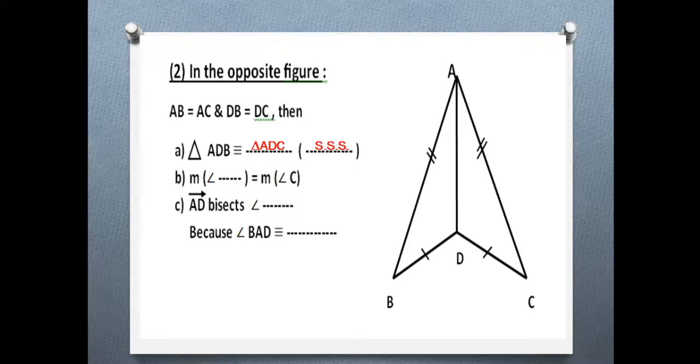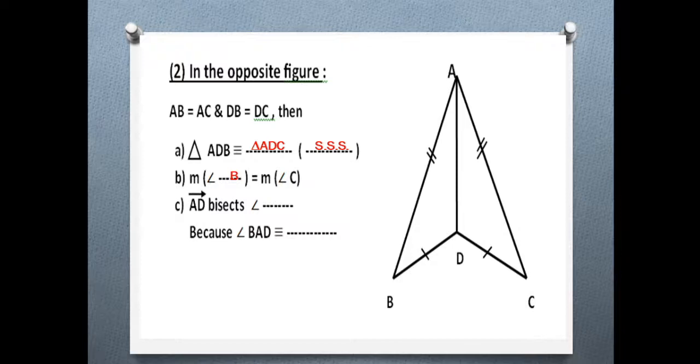Letter B: measure of angle B equals measure of angle C. We deduce from the congruent triangles that the measure of angle C equals measure of angle B. The ray AD bisects the angle.